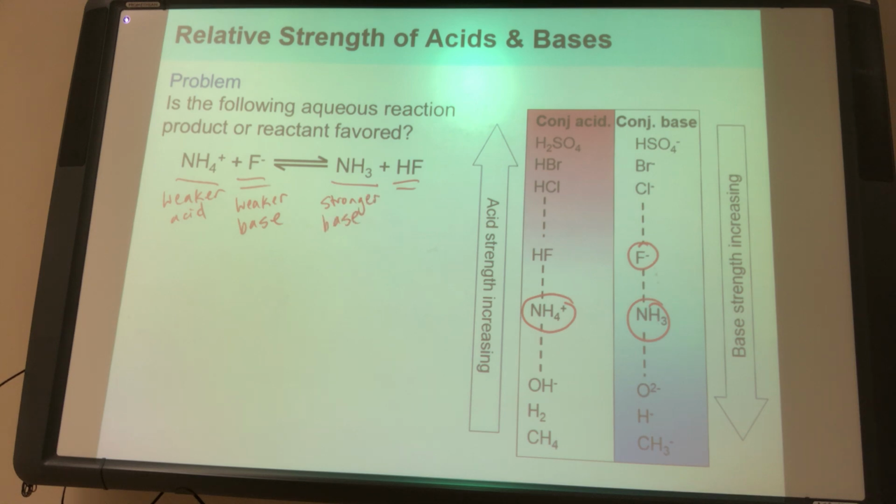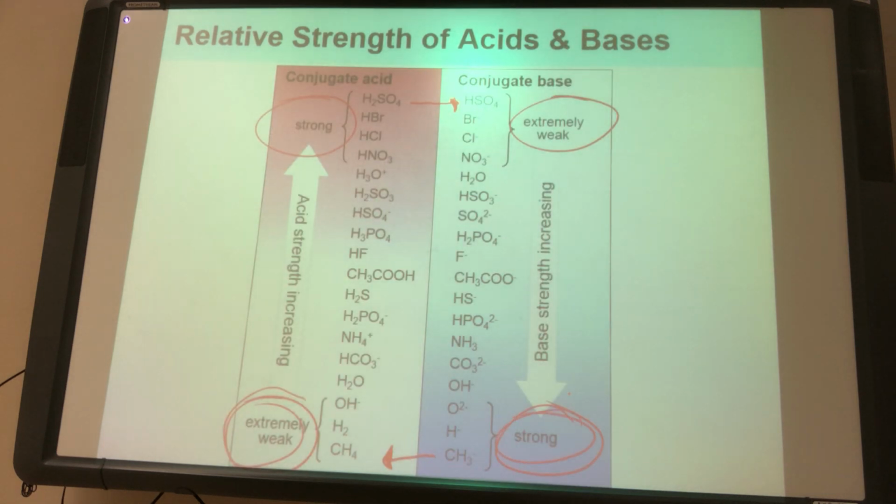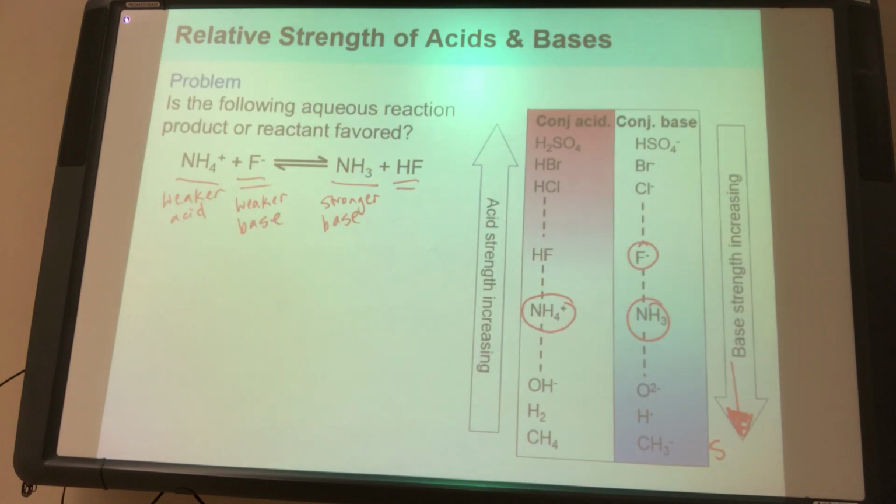Because look, it's going down in strength, like our last chart. Just because it's going down doesn't mean it's going down in strength, because it's opposites. This one goes up and this one goes down, so they're diagonal. So NH3 is going to be stronger than my F-, so stronger base.